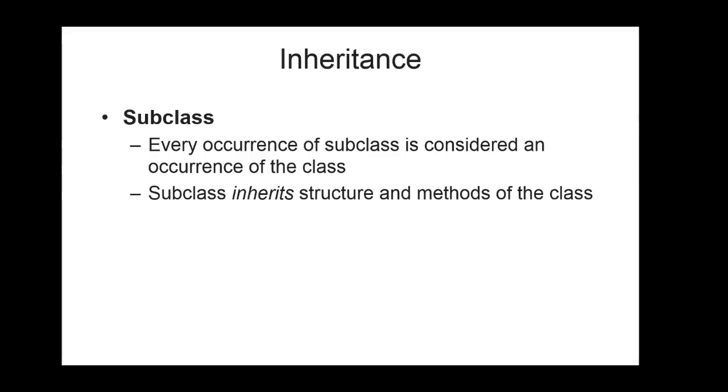For any class, you can define a subclass. Every occurrence of the subclass is also considered an occurrence of the class. The subclass inherits the structure of the class as well as its methods. Also, you can define additional attributes and methods for the subclass.